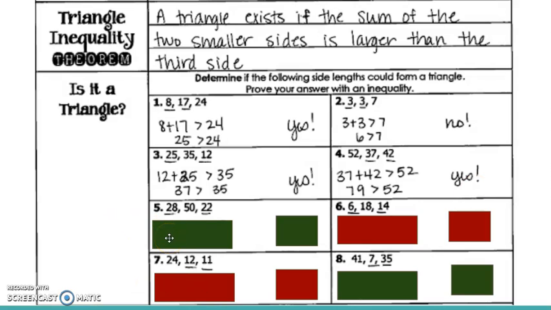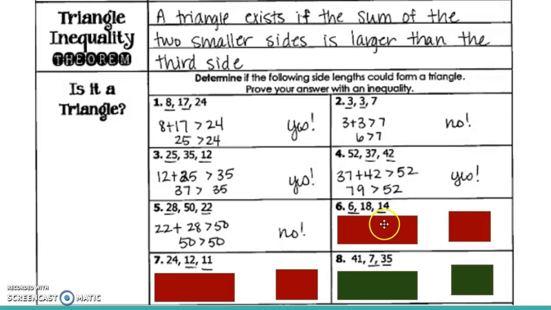For number 5, my smaller sides are 28 and 22. When I add 28 and 22 together, I get 50 exactly. But since they are the same number, one side is not larger than the other, so I cannot say that they form a triangle. Again, those two smaller sides must be larger than that third side.